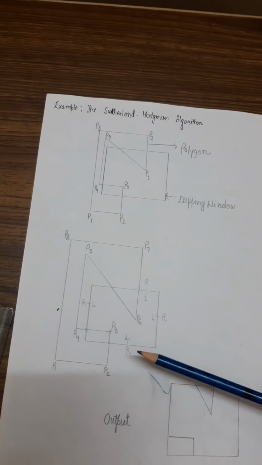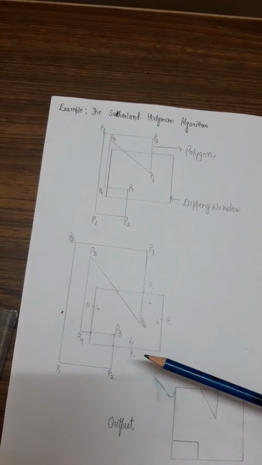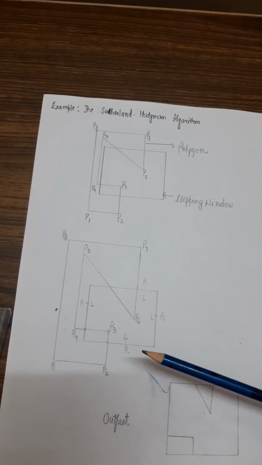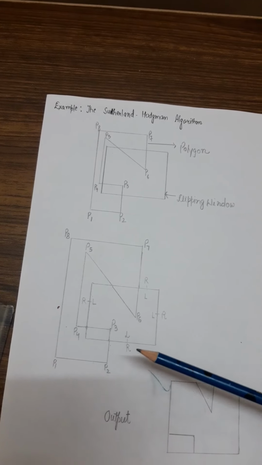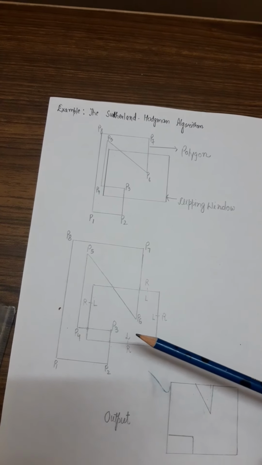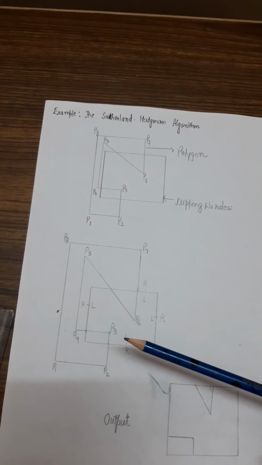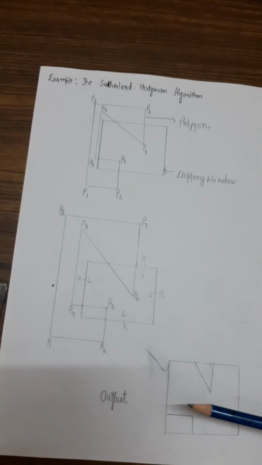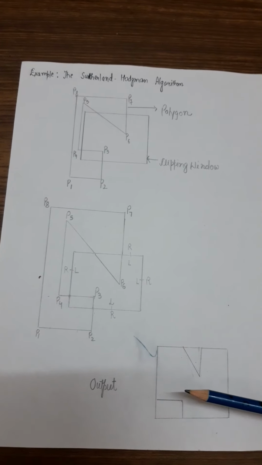It says that P2 is to the right, meaning Pi minus 1 is to the right, and P3 is to the left. In that case, according to the algorithm, the output is the intersection point and also the Pi point. So here we have calculated the intersection point and Pi point. These are the final values, right?